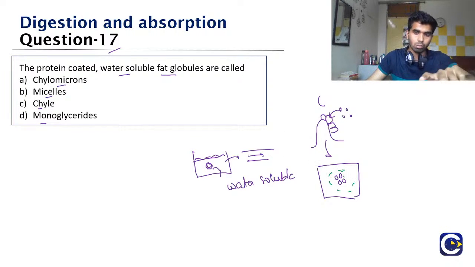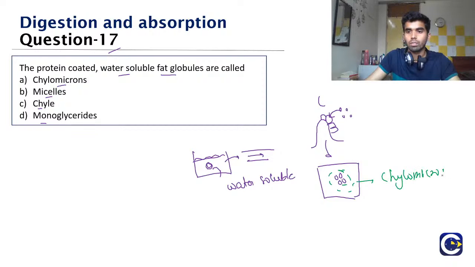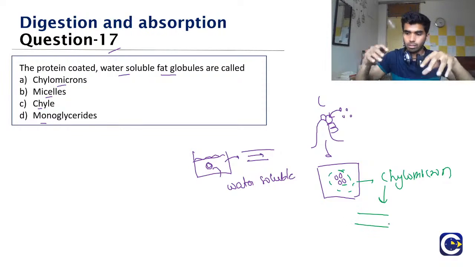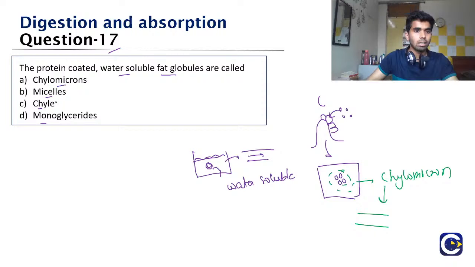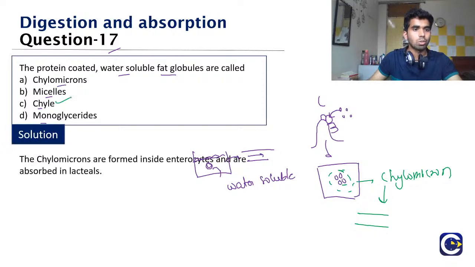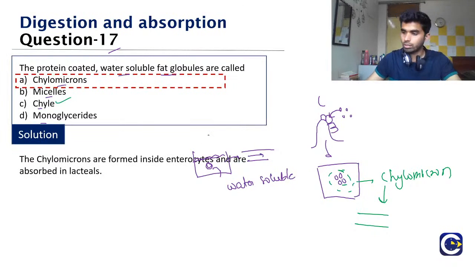This structure, that is protein with fat globule, is known as chylomicron. Then this chylomicron is dumped inside the blood and it is transported as chyle. So the correct answer is chylomicrons, as you all have said.